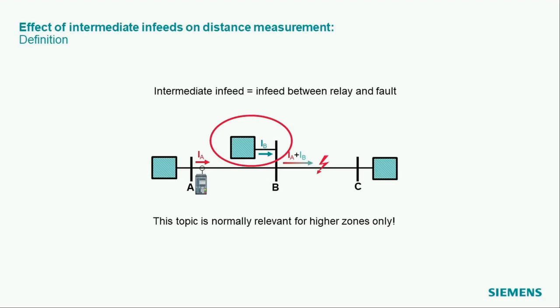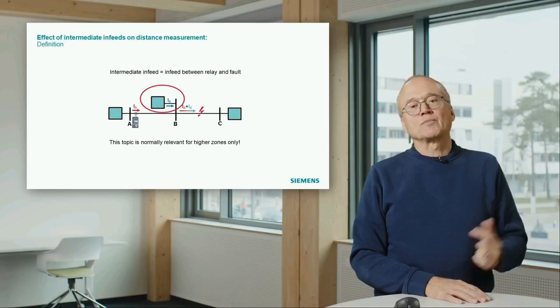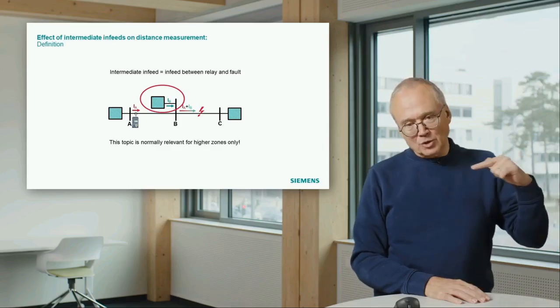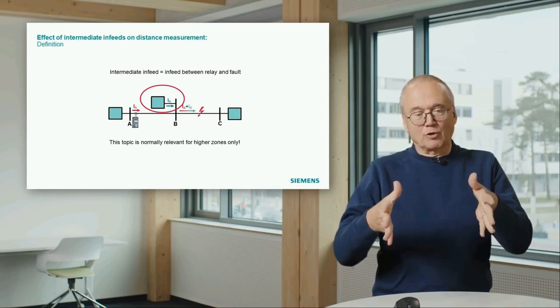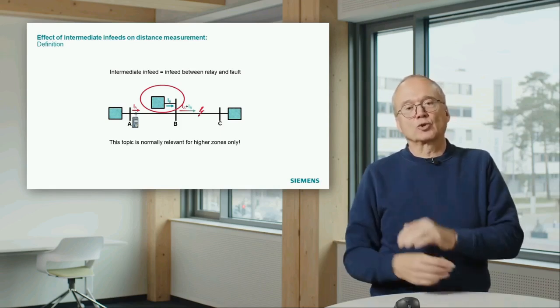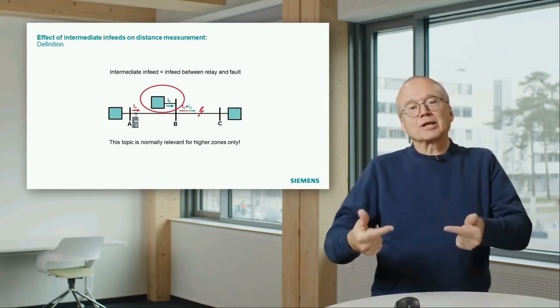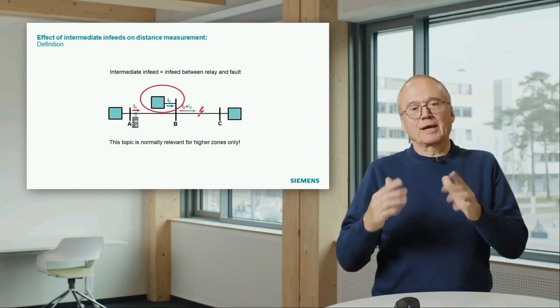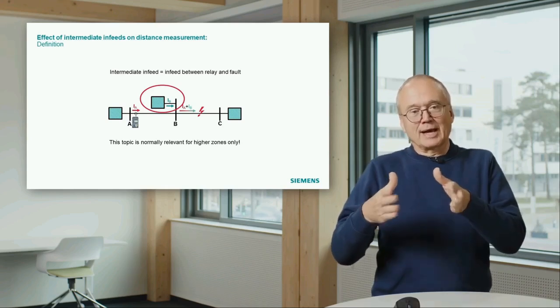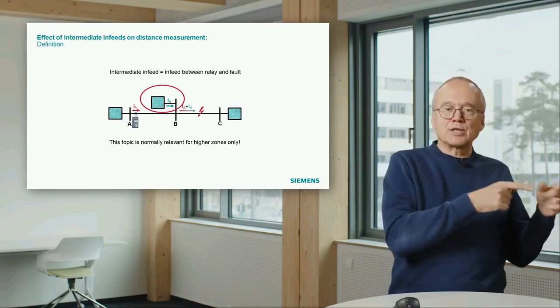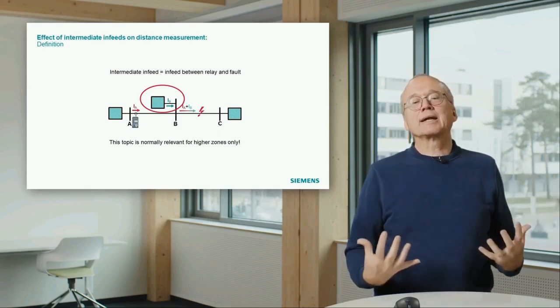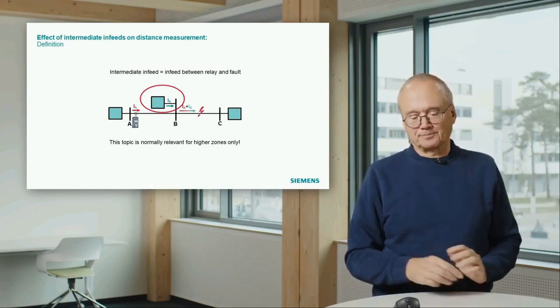It also disturbs our measurement, because it injects, in this case, this blue current, which then also flows through this part of the faulty line to the short circuit. It generates a voltage drop across this line, and this voltage is seen by our relay and influences the measurement.